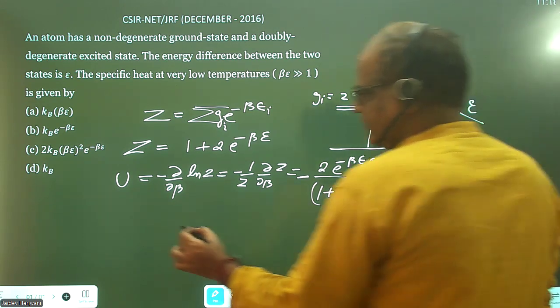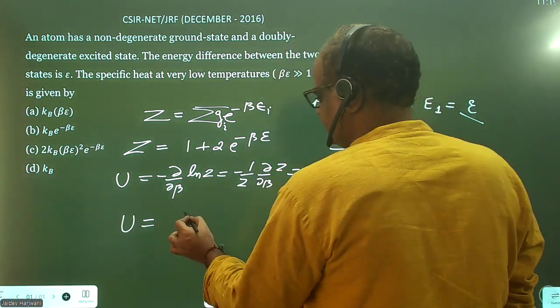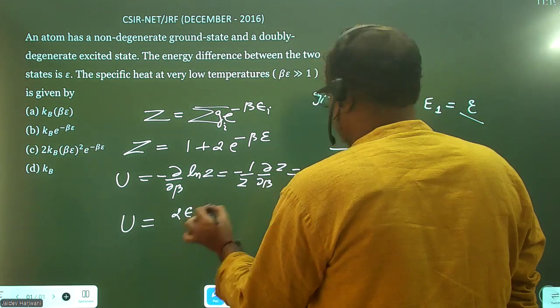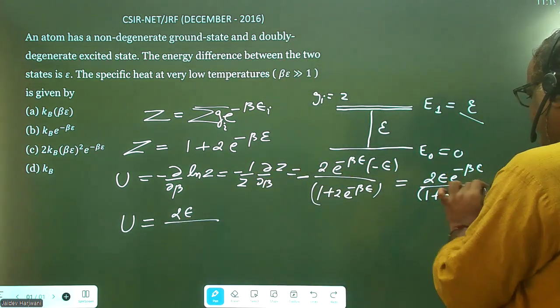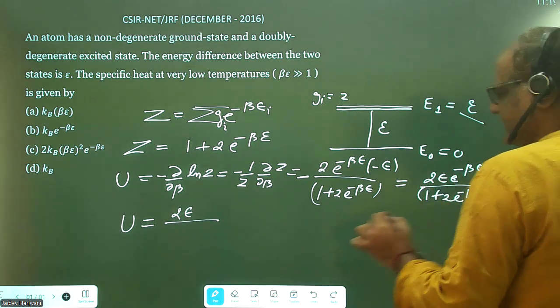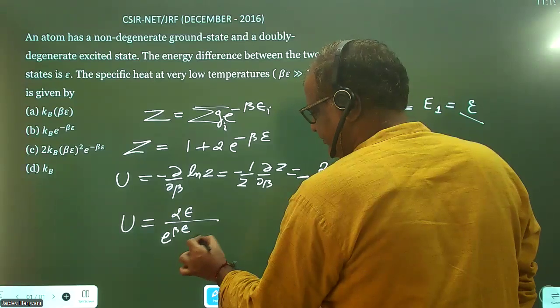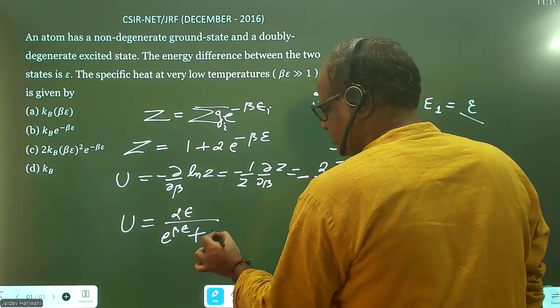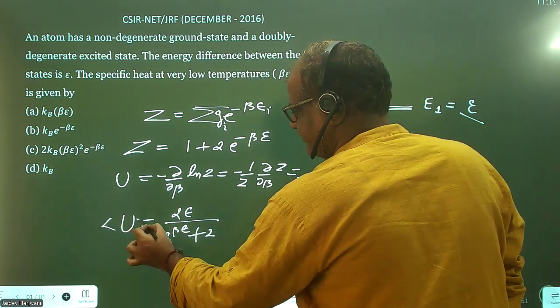Okay, so now I can make it simpler. So U becomes 2E, and I divide this by e to the power minus beta E. So this becomes 2E upon e to the power beta E plus 2. This is my average internal energy.